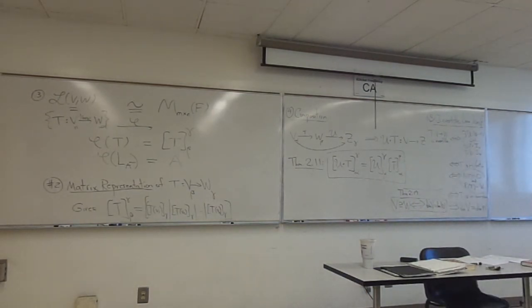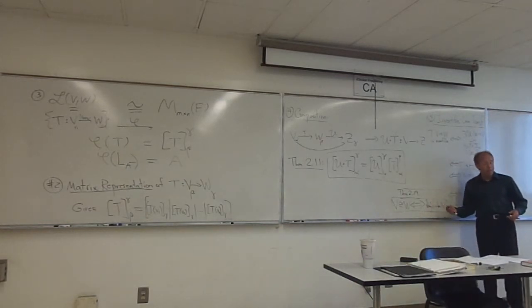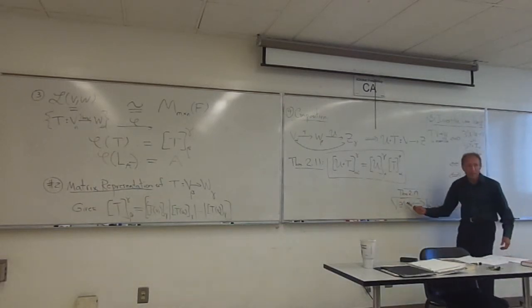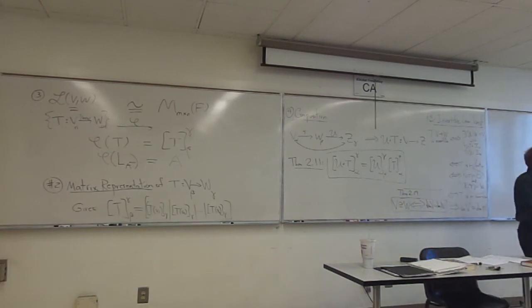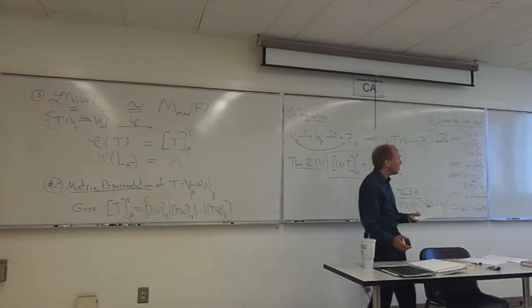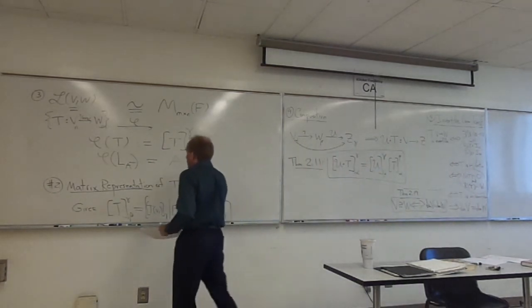Right? I can have two spaces that are the same dimension, and I can give you a transformation that's not 1-to-1 and onto. But what this is saying is that there exists some transformation that is 1-to-1 and onto. But I might give you one that doesn't work, right? So you have to be a little careful about that. Okay. So far, so good? Everybody doing all right? I'm trying to hit some of the highlights.